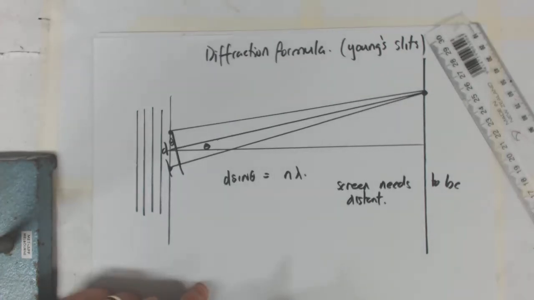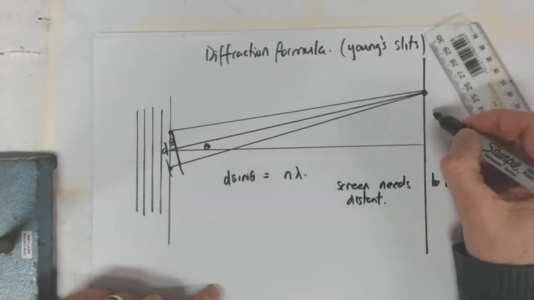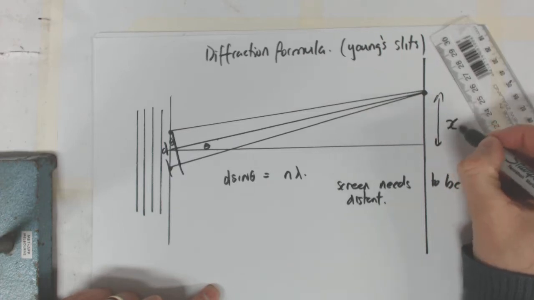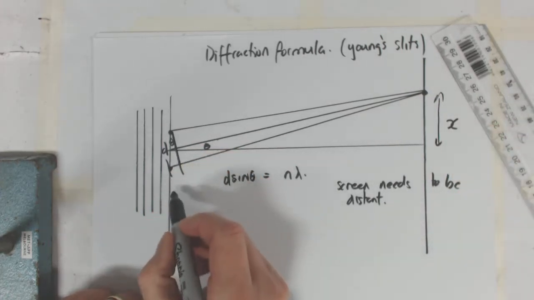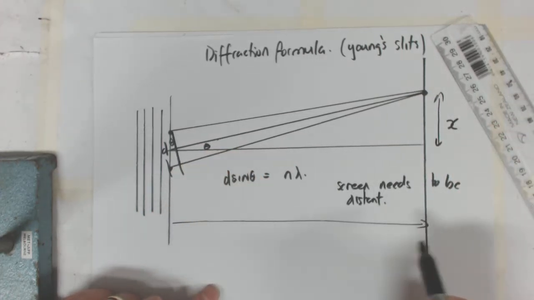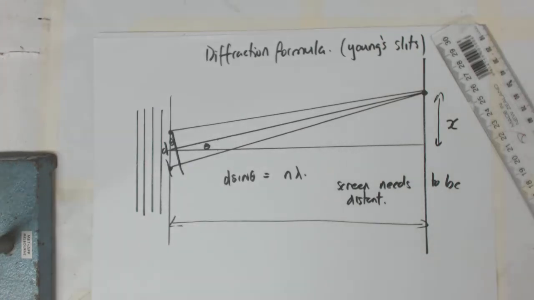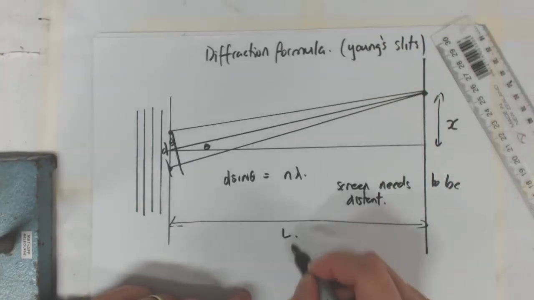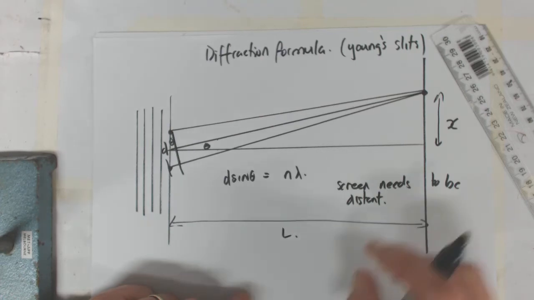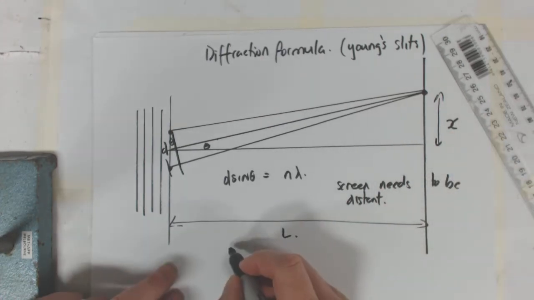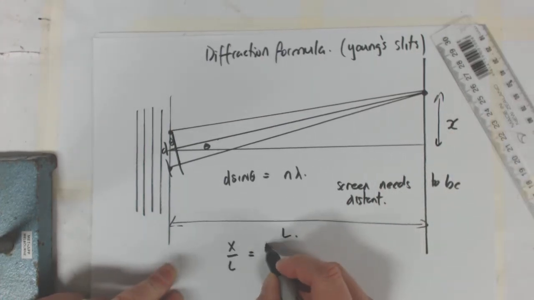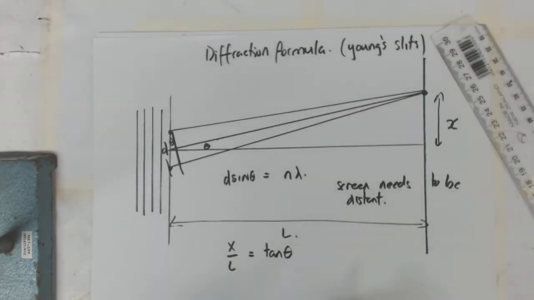Then we've got the issue of, okay, if that's theta, and we've said this distance here is x, and the distance from the slits to the screen is L, then we can say that x over L is equal to the tan of theta, right? We definitely can say that.